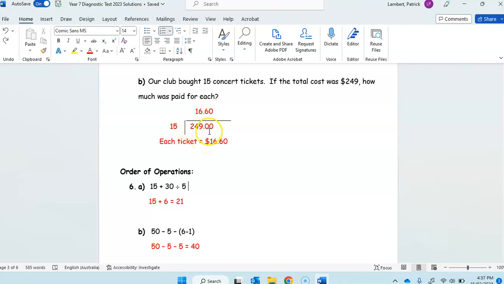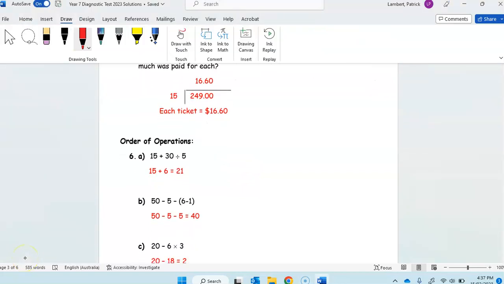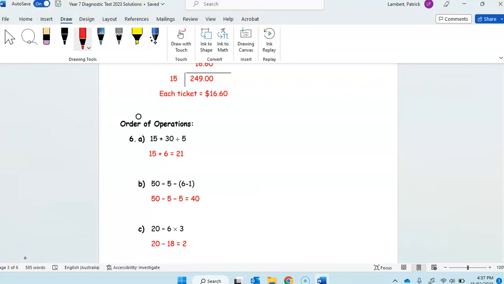Okay, then you've got 9 over, and then that becomes 90. 6 again, none over, and that becomes 0. So answer the question. Each ticket cost $16.60. So make sure each time that you do answer the question.